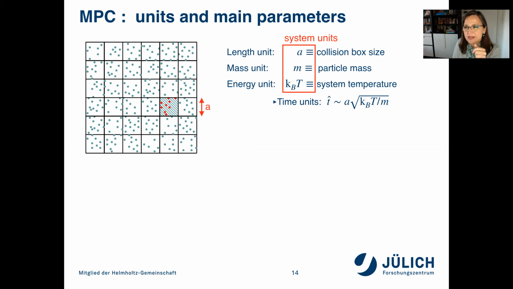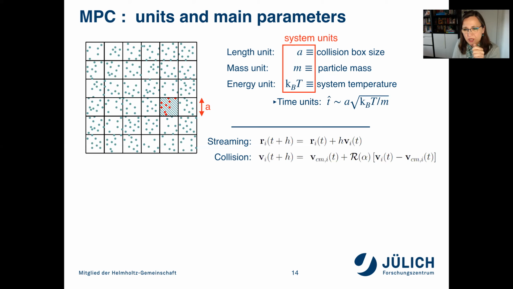And which other parameters are important in a simulation? We have to think about the streaming and the collision step. In the streaming, we have seen that it occurs during a certain time h. This collision time is going to be crucial, because a very small collision time will allow a very small displacement of the particles, while if it's very large, they will displace for a much longer time.